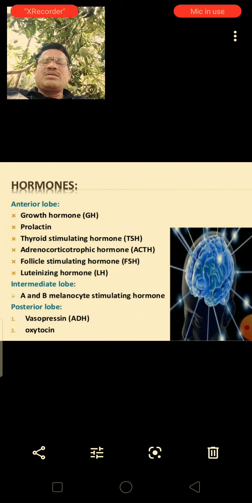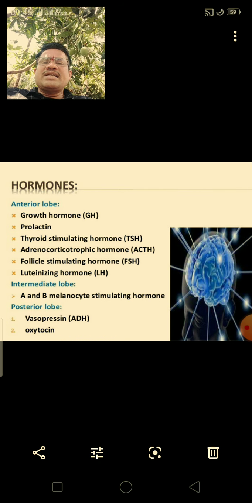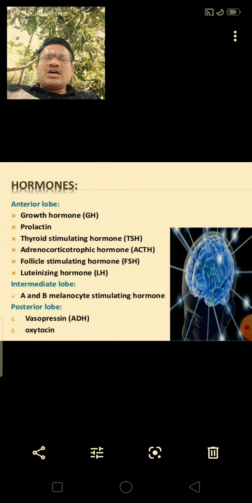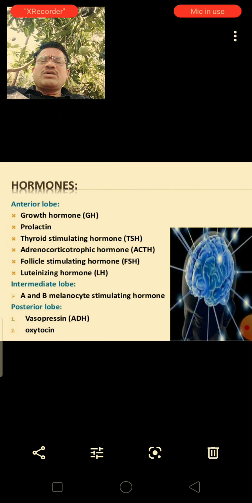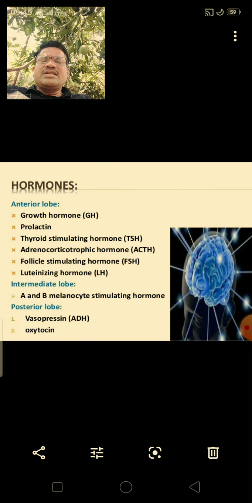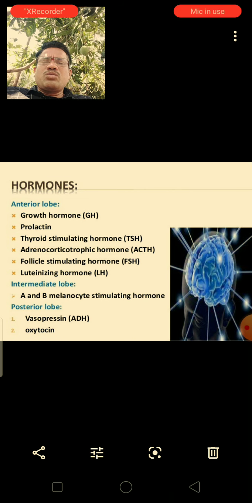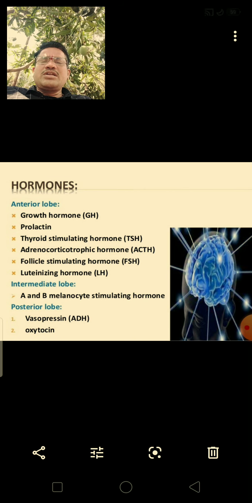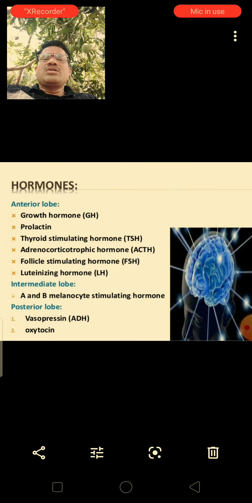From the intermediate lobe only a single hormone is there, that is melanocyte stimulating hormone. From the anterior lobe there are six hormones. First one growth hormone GH, next one prolactin, next thyroid stimulating hormone TSH, and then adrenocorticotrophic hormone ACTH, next follicle stimulating hormone FSH, last one luteinizing hormone LH.